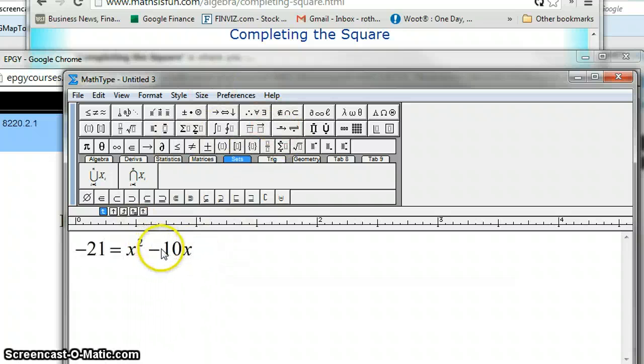And what we're going to do is take half of this minus 10x and square it. So we get minus 21, and then what we'll add to each side is 1/2 of this, squared. So 1/2 of negative 10, so negative 10 over 2, and then that's squared. And we're adding this to both sides.